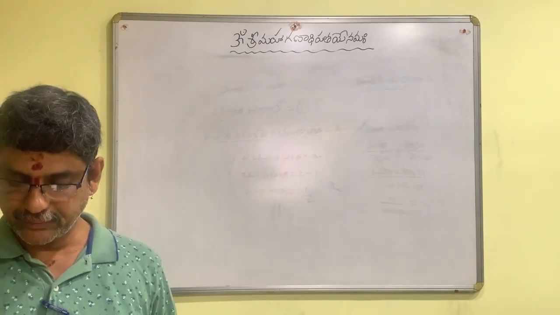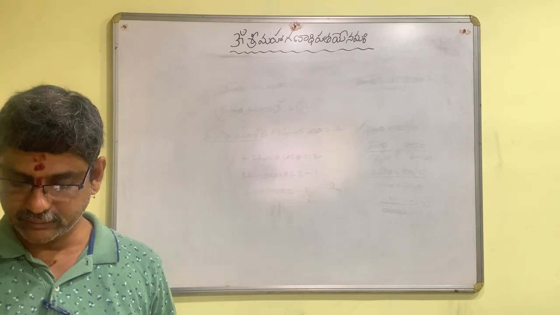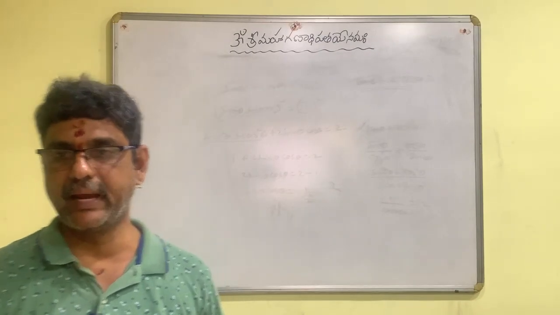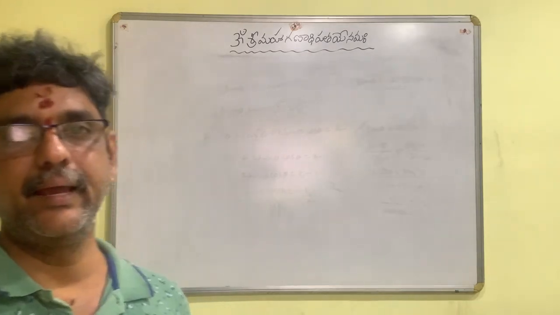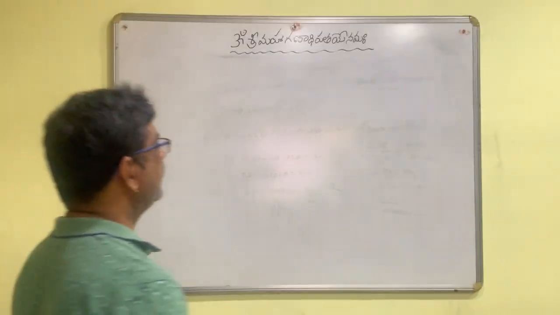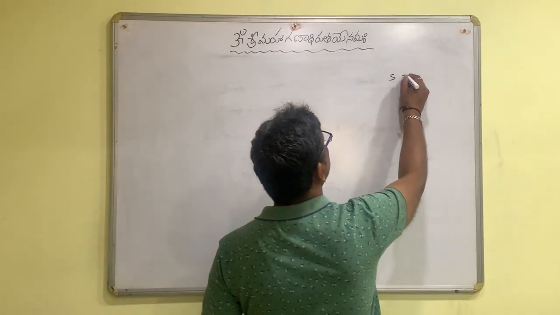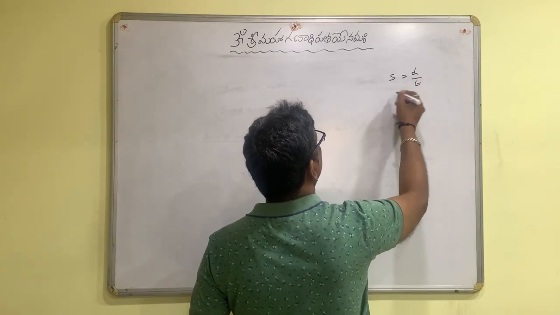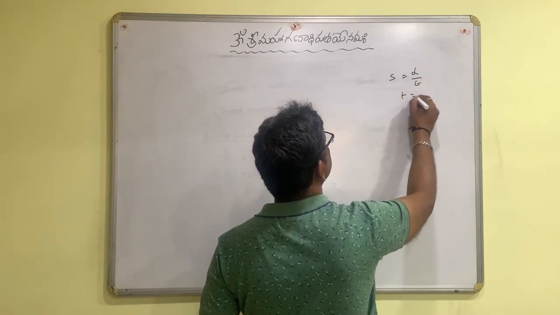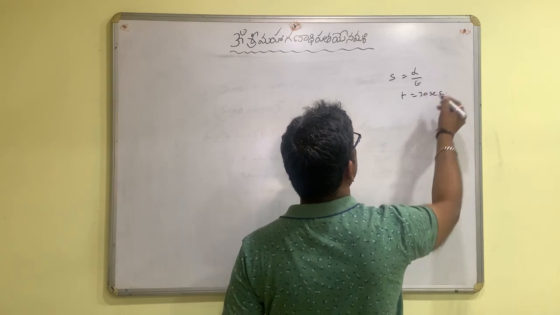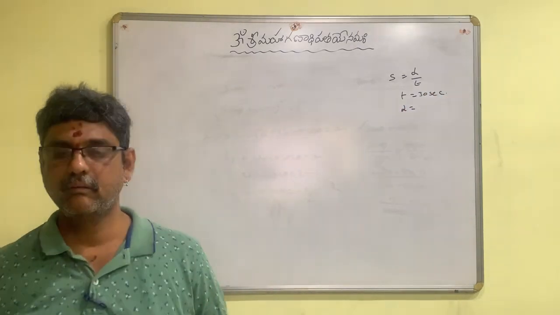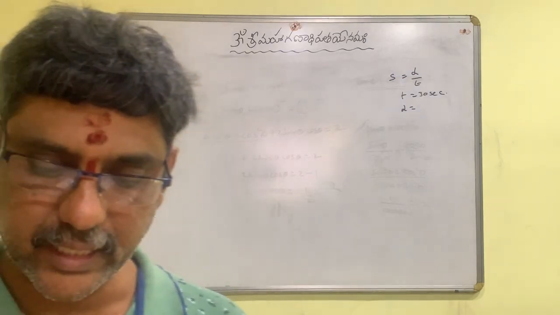If the aeroplane is flying at a constant height of 3000√3 meters, find the speed of the aeroplane. Speed. We know speed is distance by time. Time we know, 30 seconds. We need to calculate the distance.